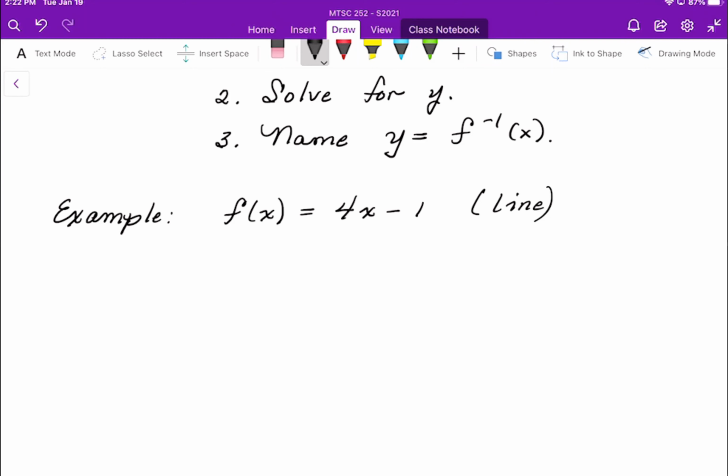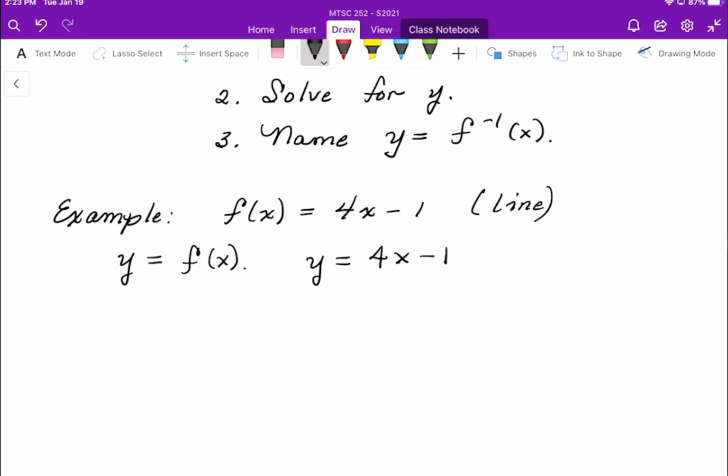So we don't have to worry about this. So this is 1-to-1. Okay, so I'm going to start with y is equal to f of x. So we're going to start here. So we're going to let y be 4x minus 1. So this is our starting point.